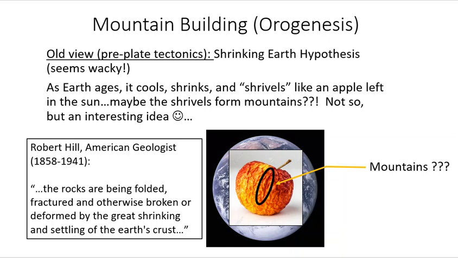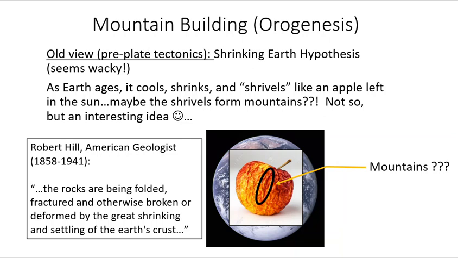One particularly interesting idea is the so-called shrinking Earth hypothesis. The idea is that as the Earth cools, it shrinks and in effect shrivels up, sort of like an apple left in the sun. And perhaps the shrivels represent mobile mountain belts. It's a very interesting and even a very intuitive idea, except for the fact that it's completely wrong.